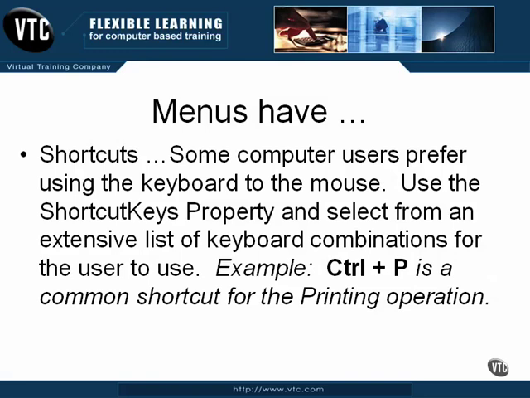You will find that there is a shortcut keys property, and there is a list that is provided for you of combinations of keystrokes such as Control and then a letter, or the Alt key and a letter, or Control Alt and then a letter. A very common example is Control P, which is the common shortcut for a printing operation in many Windows type applications. But again, keep in mind, you have the ability to create your own shortcuts for menus.